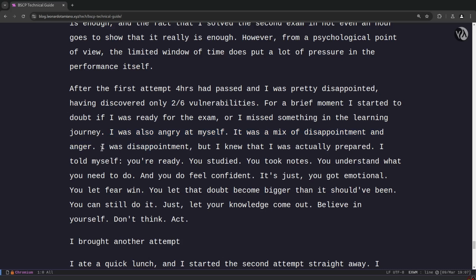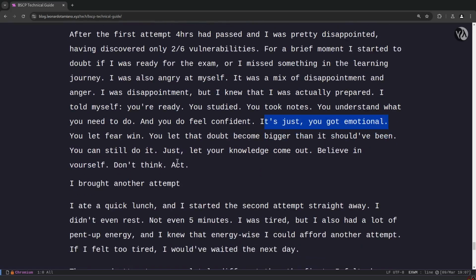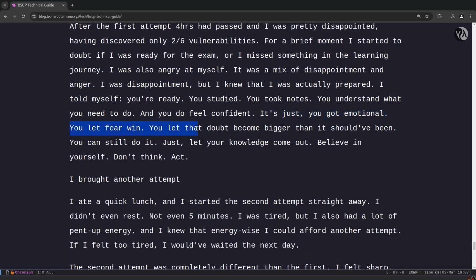It's totally normal after a bad performance. So I was disappointed, but I knew that I was actually well prepared. I told myself, you're ready, you studied, you took notes, you understand what you need to do, and you do feel confident. It's just that you got emotional in that specific performance. You let fear win, you let that doubt become bigger than it should have been, and basically the idea is that you can still do it, you just gotta focus on the knowledge, you just gotta act. Don't think, act. Pretty simple.